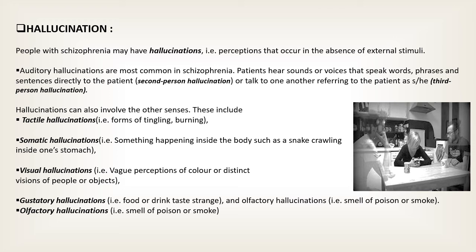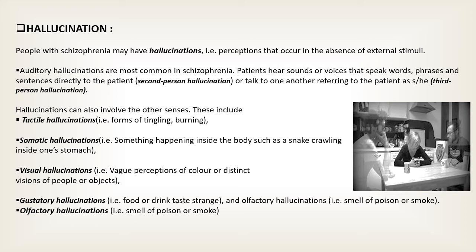So the other senses that are affected in schizophrenia, first is tactile hallucination. That is forms of tingling and burning sensation. The person with schizophrenia might feel a burning or tingling sensation. Okay, but in reality there is nothing. There is only the perception of tingling or some kind of burning sensation.